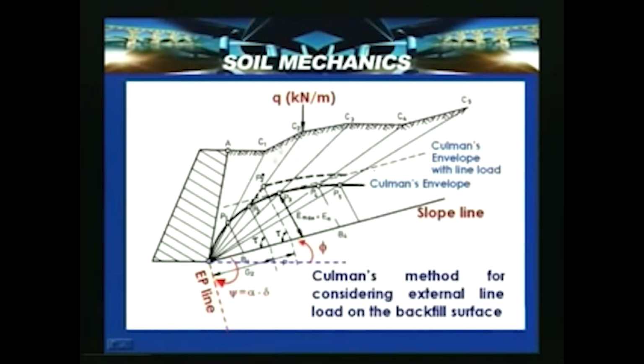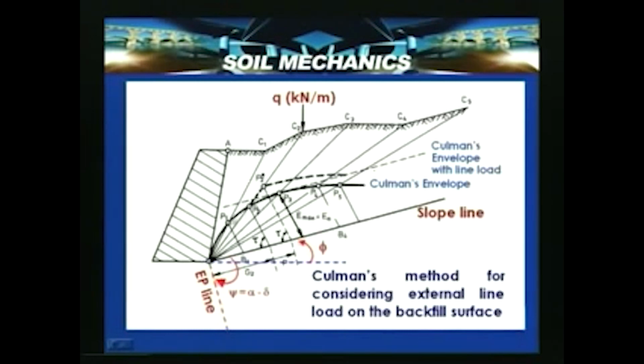Then in this case an average angle alpha can be considered, and we can plot the weights of these wedges on the slope line, and then draw lines parallel to that pressure line, which is not exactly parallel in this figure.